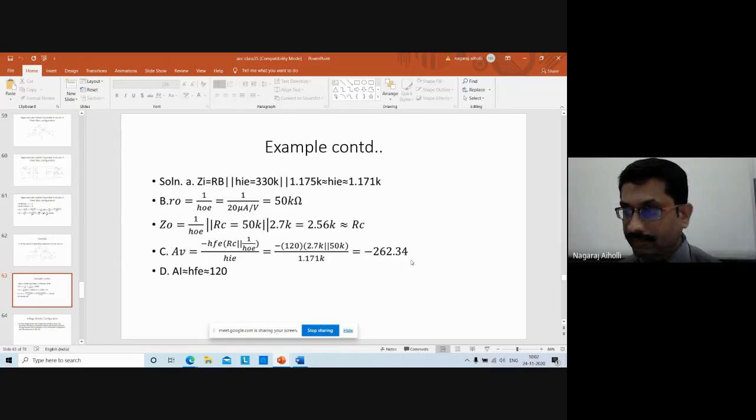Getting the answer, just check. Minus 120 into 2.7K parallel 50K, divided by 1.171 kilo ohms. Just check this, minus 262.34 you will get. Getting this? Minus 262. Getting the answer?